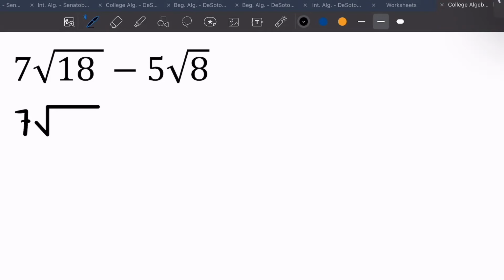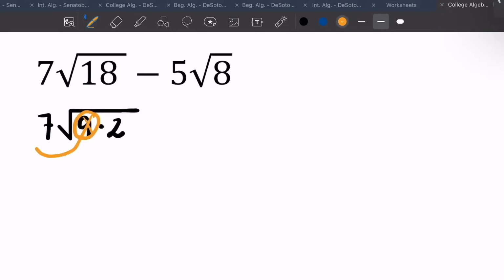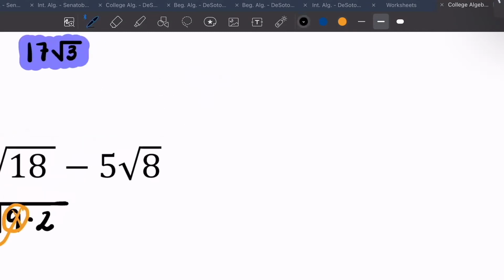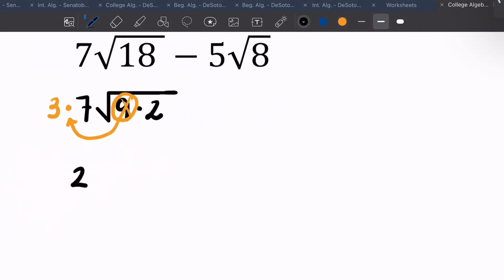You get to 9 and you remember, okay, 9 times 2 is 18. And the square root of 9 is 3. So you're bringing out a 3, not a 9. You're bringing out 3. And so you get 21 on the square root of 2.